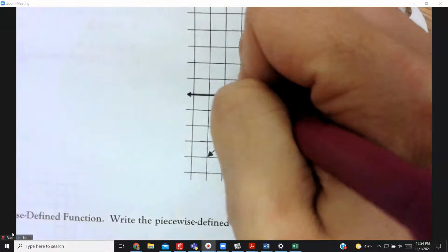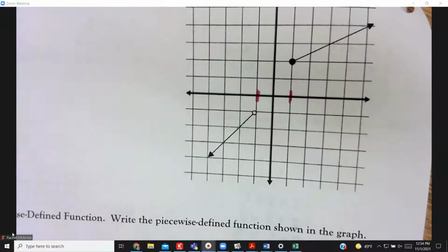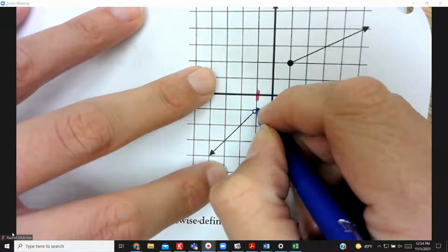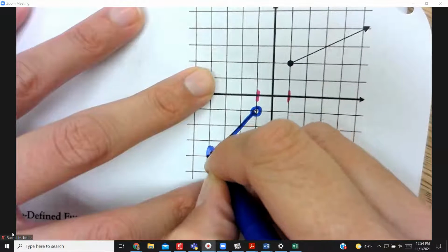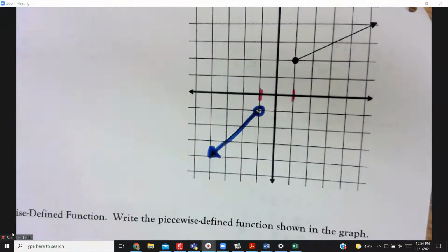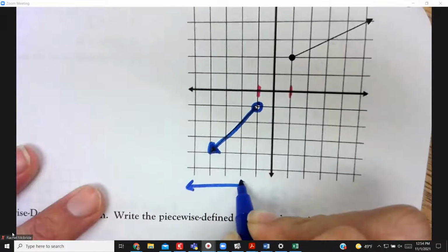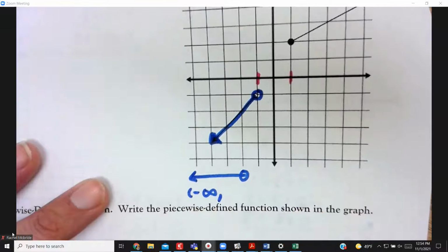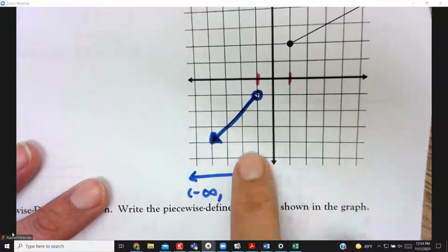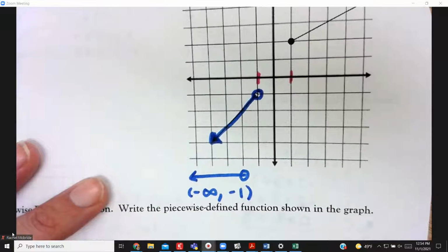So what I first start with is, okay, where does each part of the graph begin? So this graph here has an open circle. It's facing downwards. So in terms of the x values, this is -infinity to -1, not including -1.